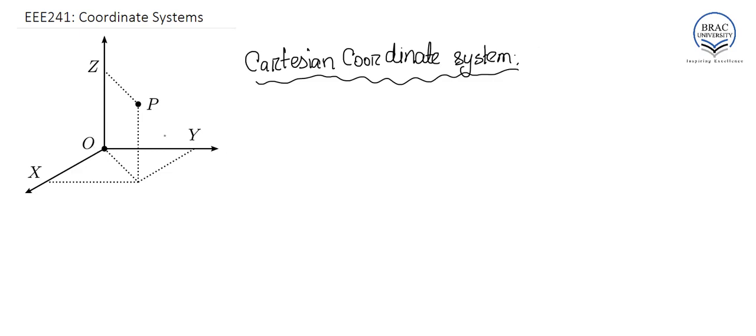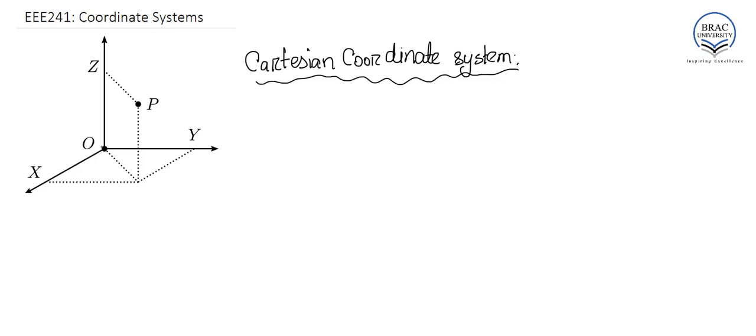Now let's say you have to get to the point P over here. Let's say you have to specify this specific point in your room in 3D space that is floating above the ground that you are sitting on. We have to specify the position of this point precisely.